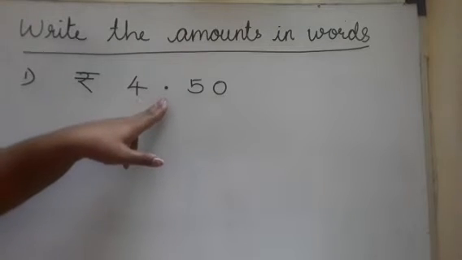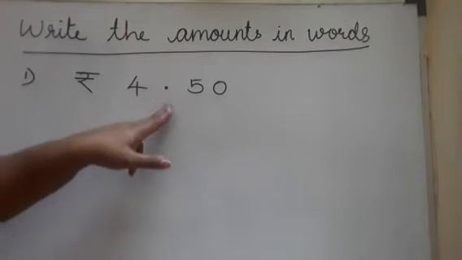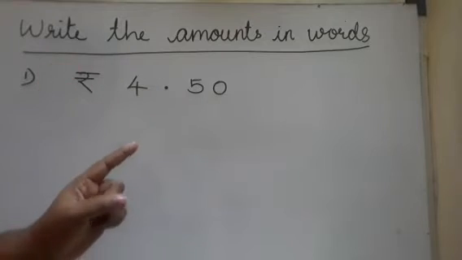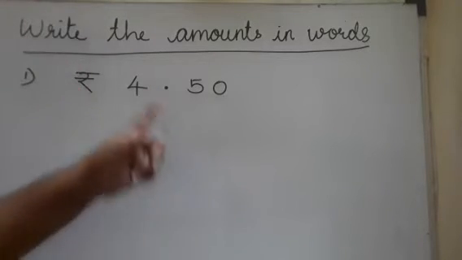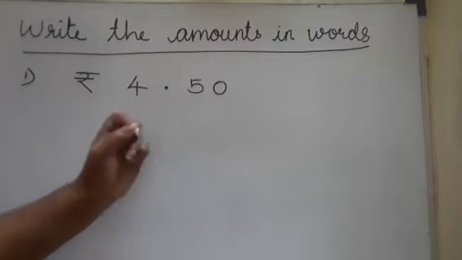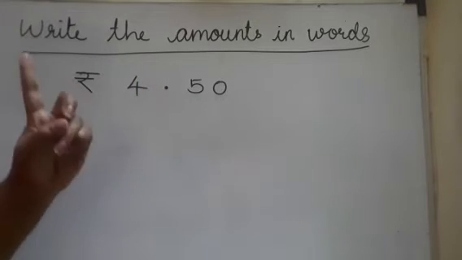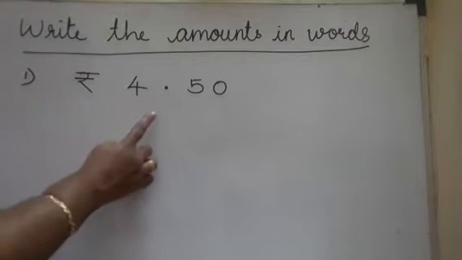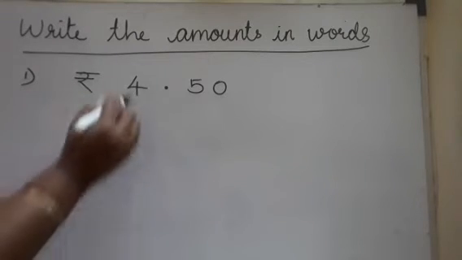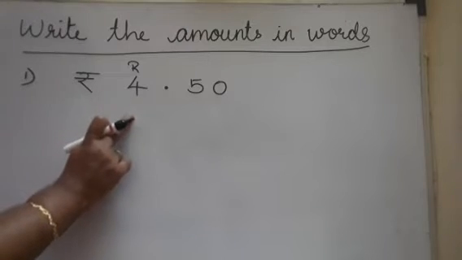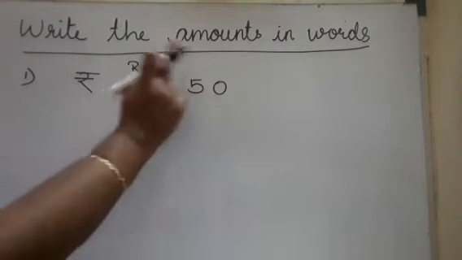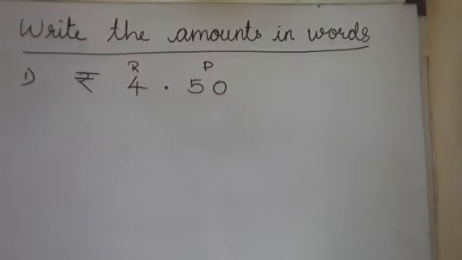Dear kids, this dot is used to separate the rupees and paise. You have to understand that this dot is used to separate the rupees and paise. The number before the dot is rupees and the number after the dot is paise.